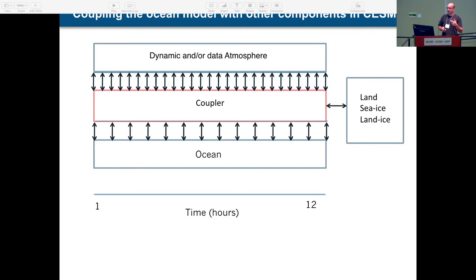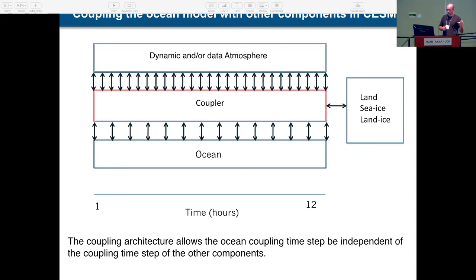The ocean is coupled every 1 hour. But again, we can change that, and the coupler is there to make sure that no matter the values, things will be conserved as you go from different values of coupling. I'm putting the ATM and ocean here, but the same applies for land, sea ice, land ice, etc.